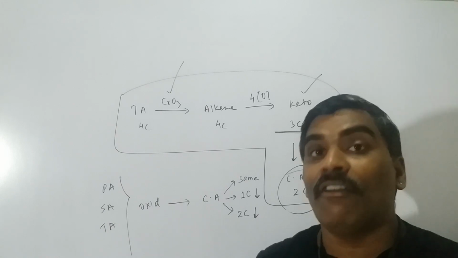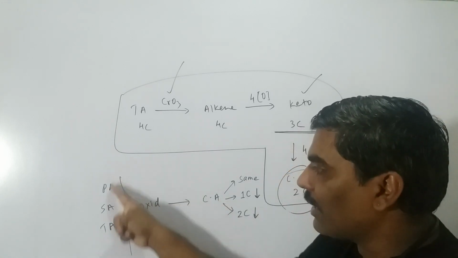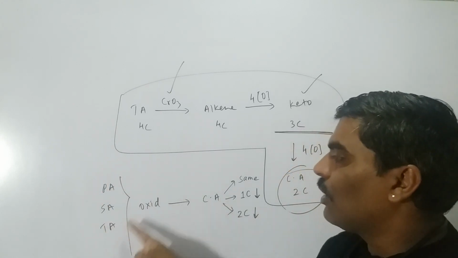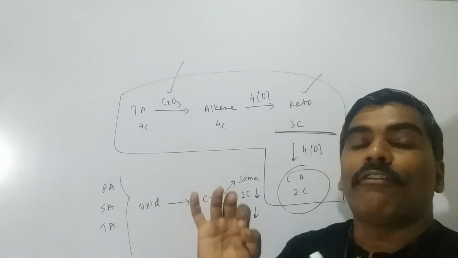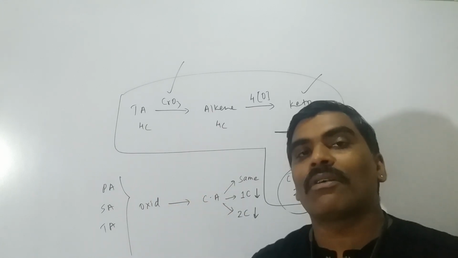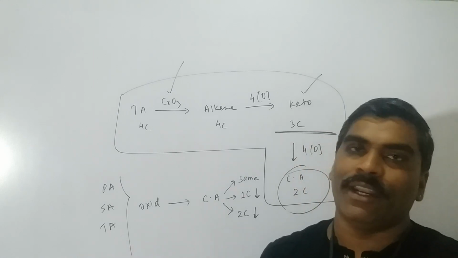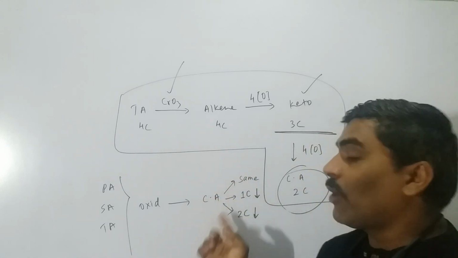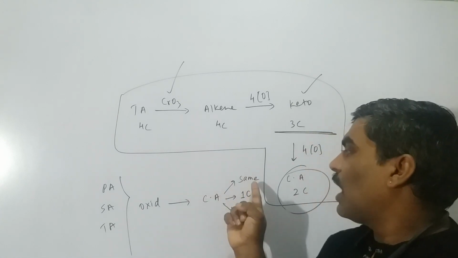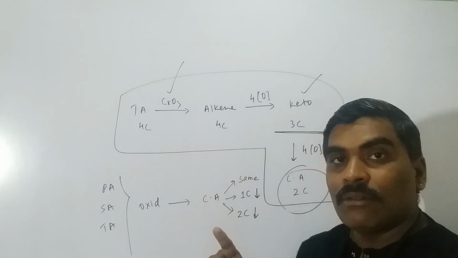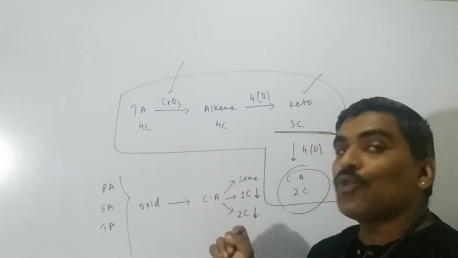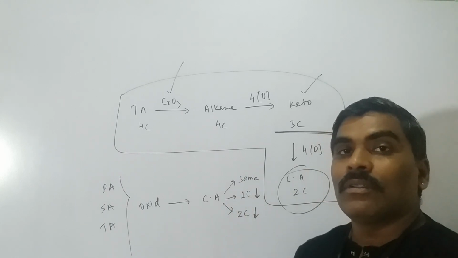But finally, in all the cases, all alcohols on oxidation finally produce carboxylic acid. Finally, acid is obtained. And what is important to note here: primary gives the same number of carbons, secondary one carbon less, and tertiary two carbons less than the alcohol.